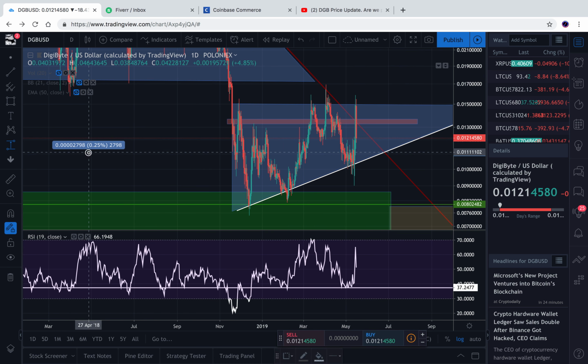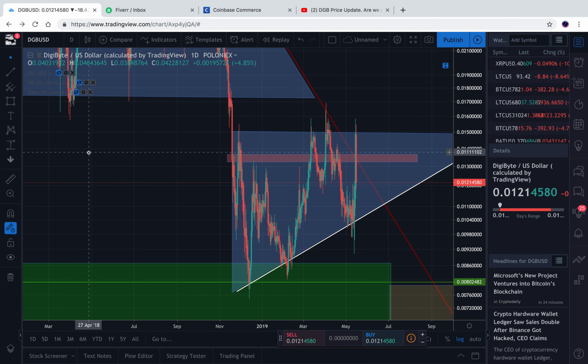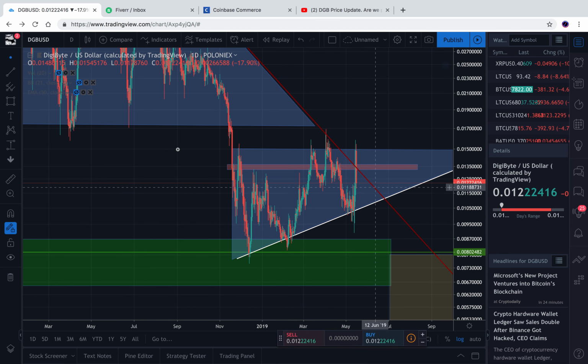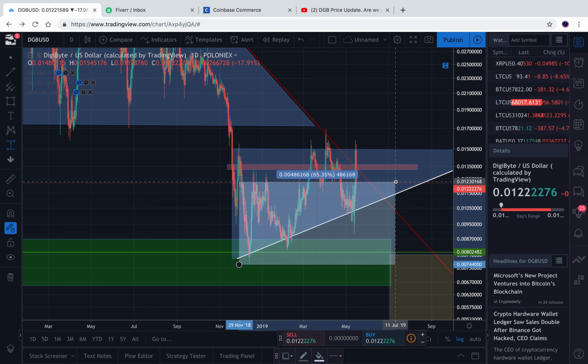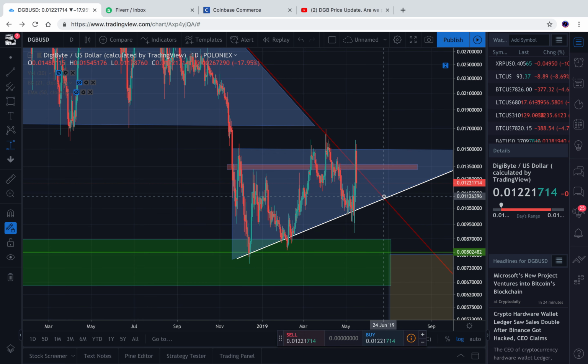It's a rough morning, so we'll have to take this in stride. But from our low, we're still up 65% in about 5 or 6 months. So those are not bad numbers.